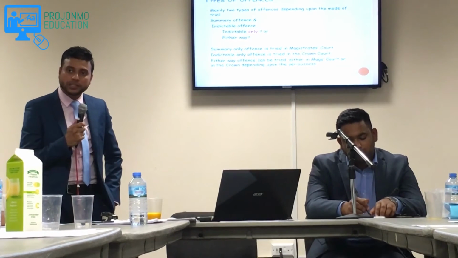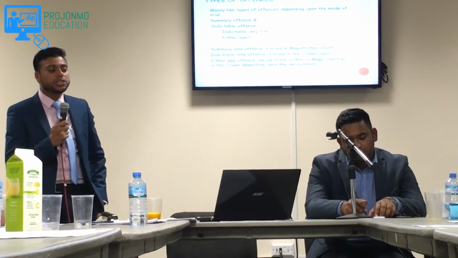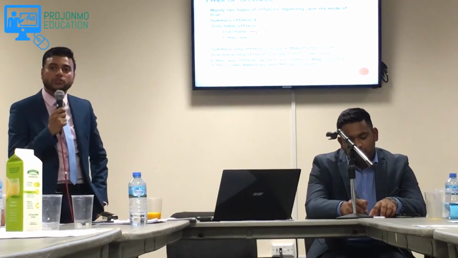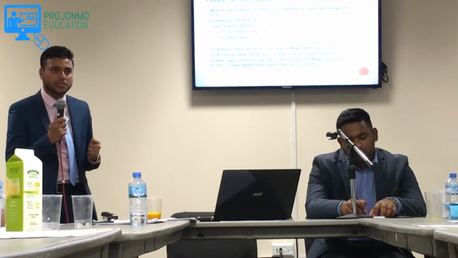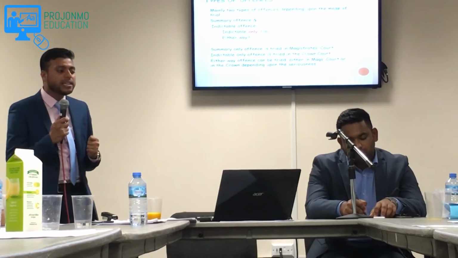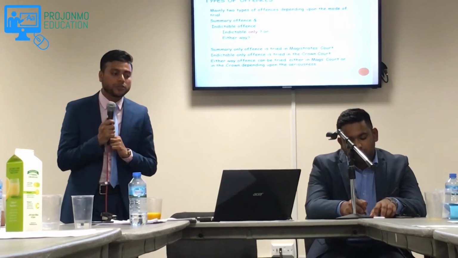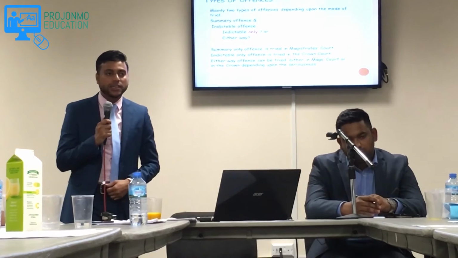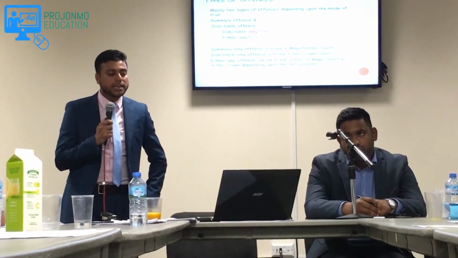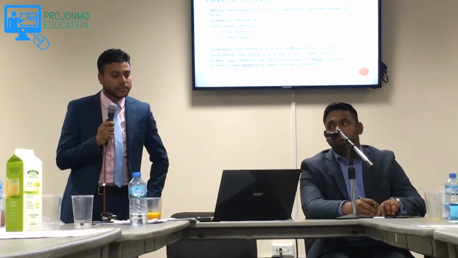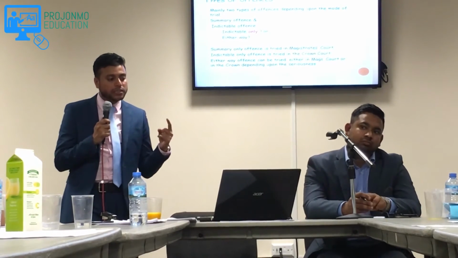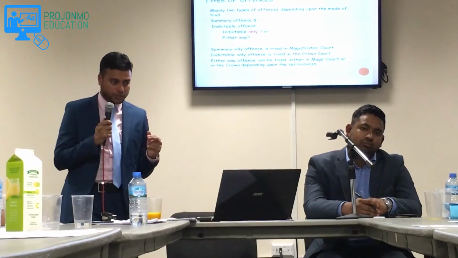So, summary offences are those offences which generally are tried in the magistrate's court. These are less serious offences. Now, indictable offences, if you consider indictable only, then the cases are tried in the Crown Court. It's the more serious offences. So we're pretty much clear about the 2 separate offences.